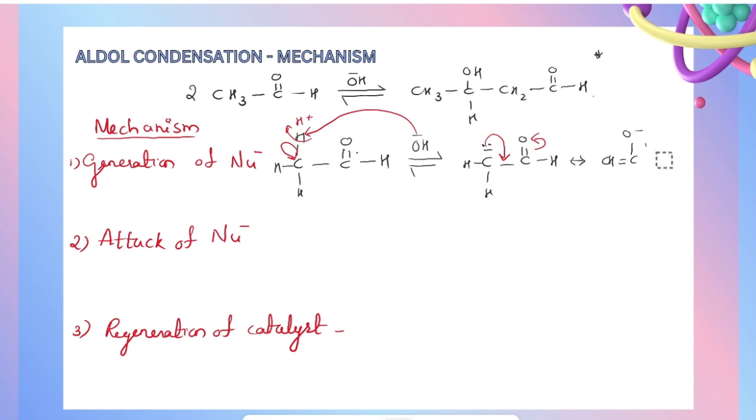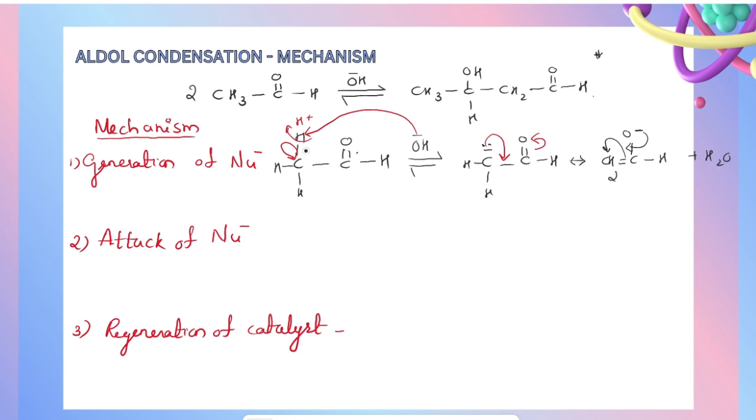So, let me erase this water, right? What we are going to get here is a stabilized structure. It won't stay like this forever. Again, the electrons will revert. That means the negative charge is on carbon and it is being stabilized by the carbonyl. That's why the alpha hydrogens are considered acidic.